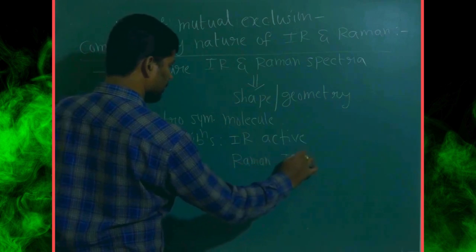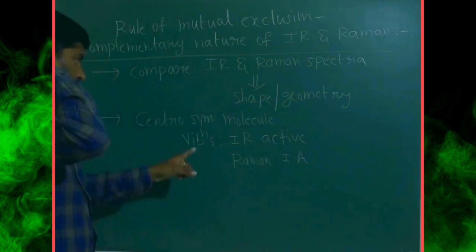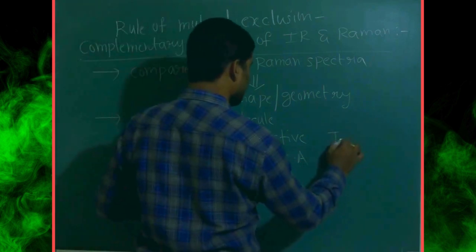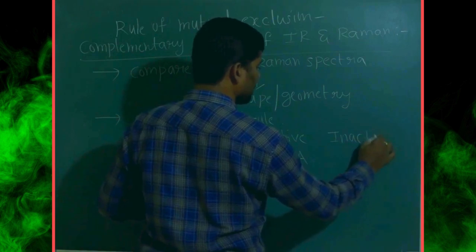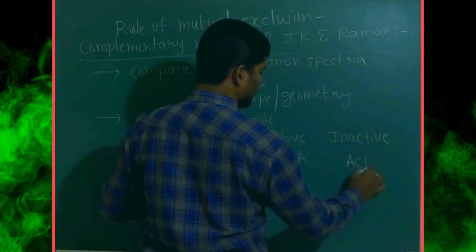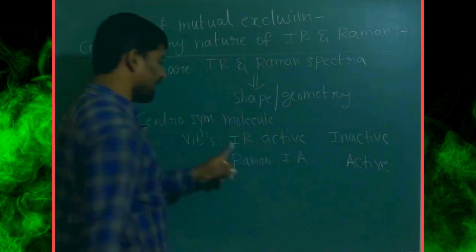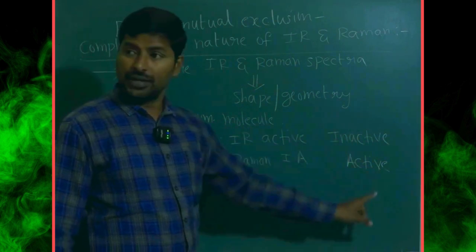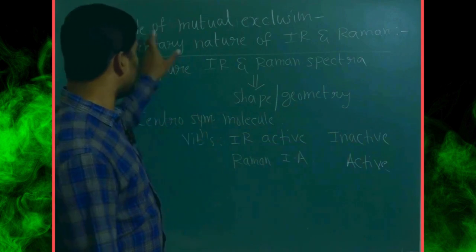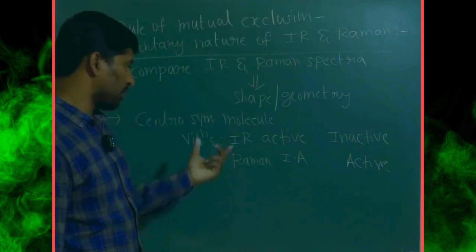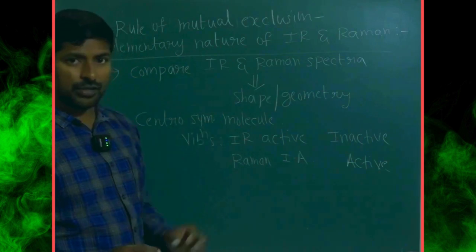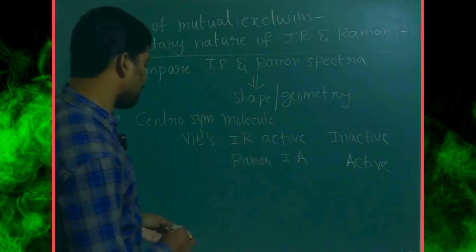If a molecule possesses a center of inversion, IR active vibrations are Raman inactive, whereas IR inactive vibrations are Raman active. That is called the rule of mutual exclusion. Like that it is observed for centrosymmetric molecules, or molecules having a center of inversion.